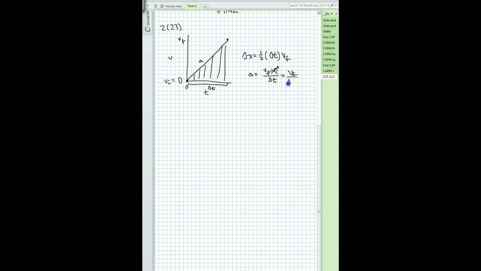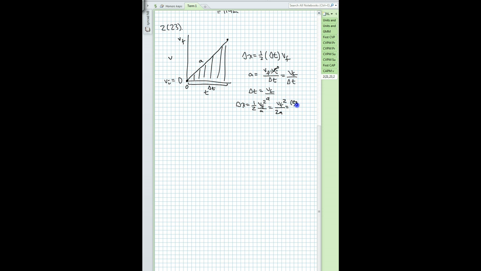So in this case, our acceleration is vf over delta t, or delta t is vf over a. I can sub that back into the previous expression. So 1/2 vf squared over a, or a little more simply, vf squared over 2a.